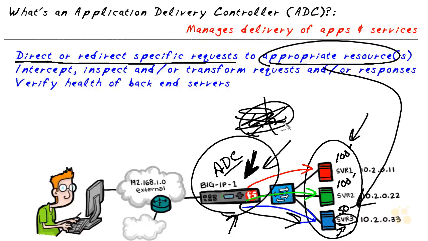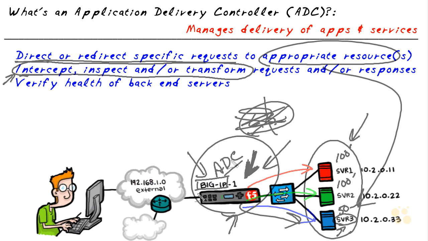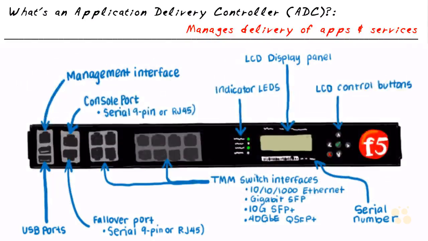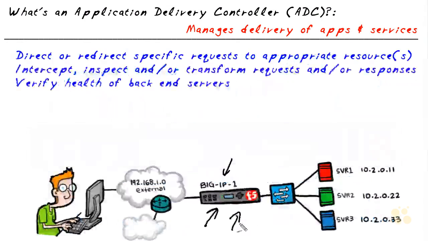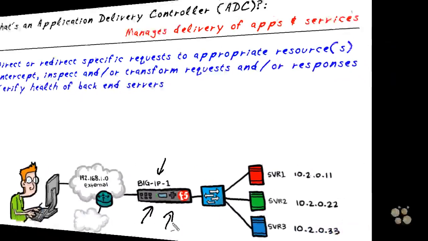That's like calling a Maserati a car. And part of the reason for that is because F5's product has the ability to do way more than simple load balancing on its platform, which is called BIG-IP. BIG-IP can be a physical appliance like this one right here, or it can be a virtualized appliance running in a virtualized environment, such as vSphere.